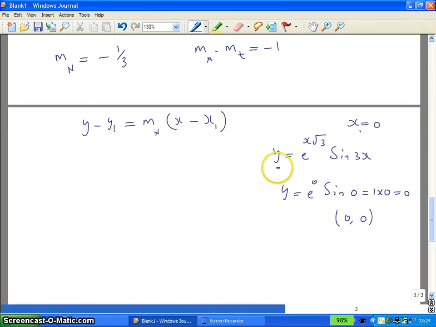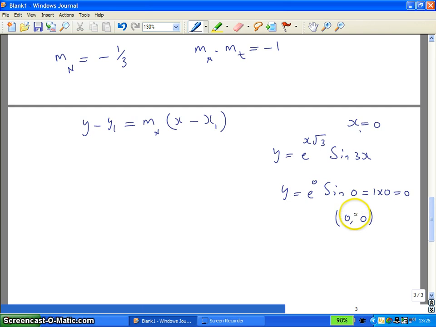I've written the original question here: y is equal to e to the x root 3 sine 3x. So when x is equal to 0, y also becomes equal to 0. So we want to write the equation of the normal at that point, and that point, remember, is the origin.